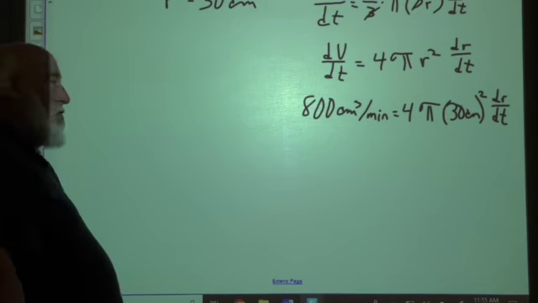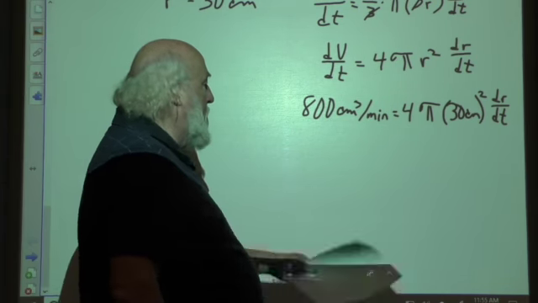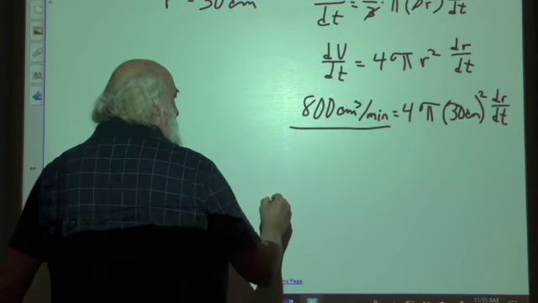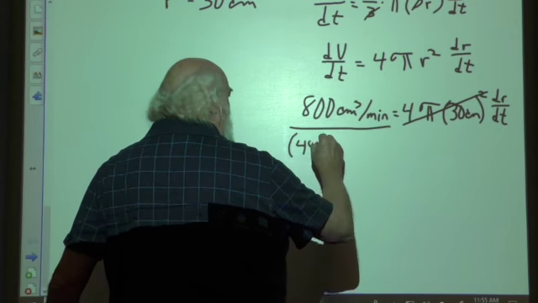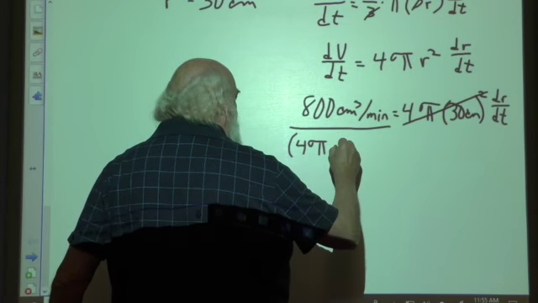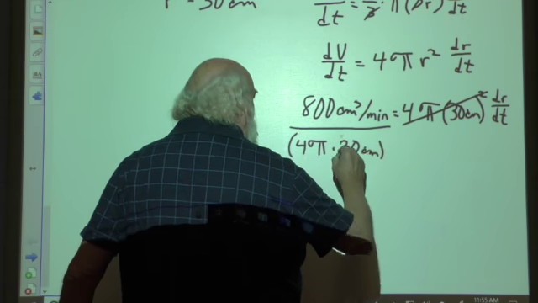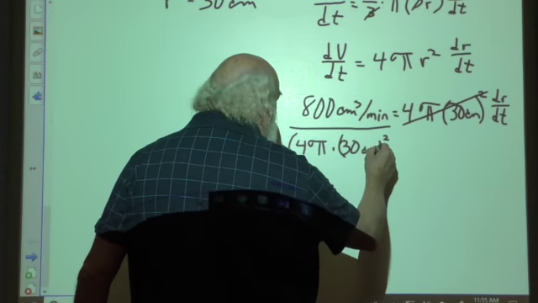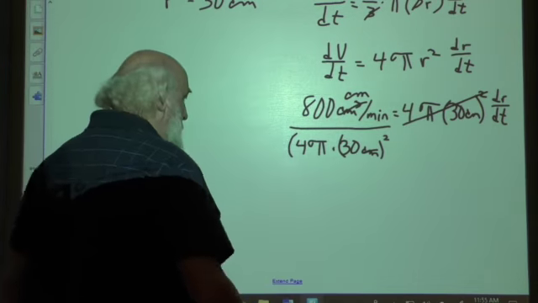So now we just got mathematics to do. So to get dr/dt by itself, I'm going to divide both sides by this entire structure right here. So I'll put that down here, cancel that out right there, and put in parentheses 4 pi times 30 centimeters quantity squared. The centimeter squared is going to cancel out with the cubic centimeters up here, which is what we want.